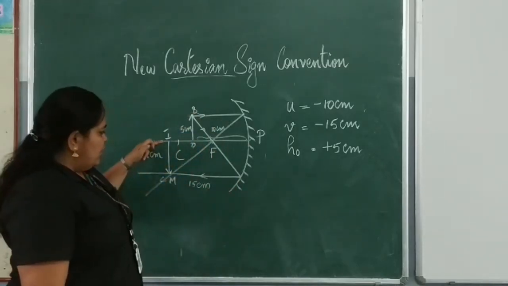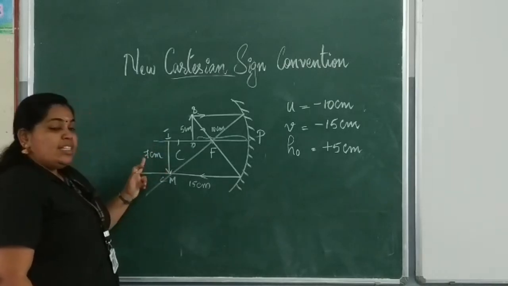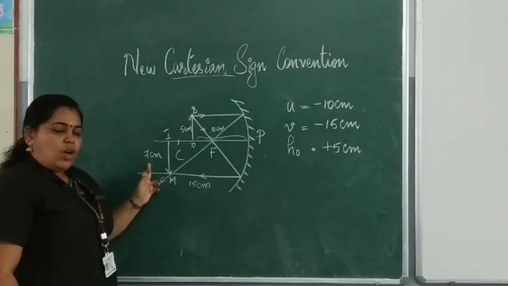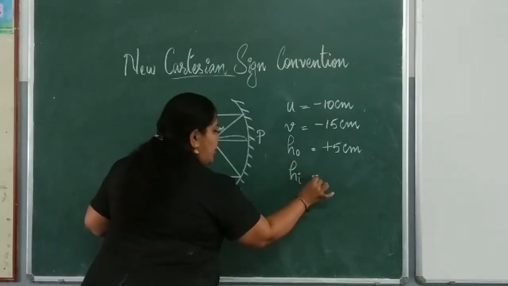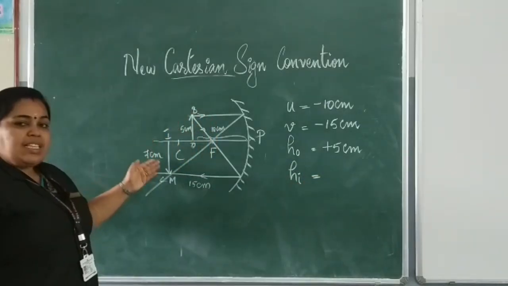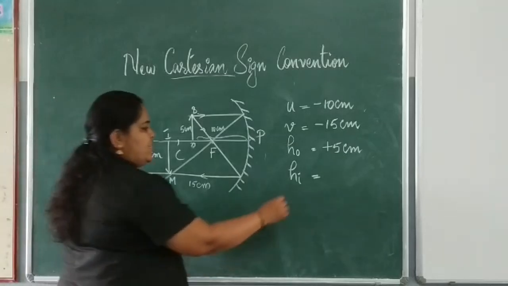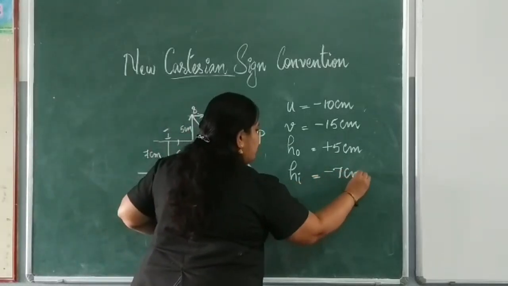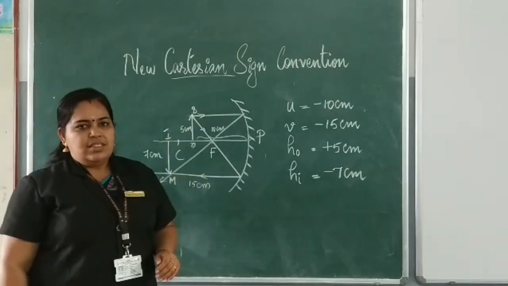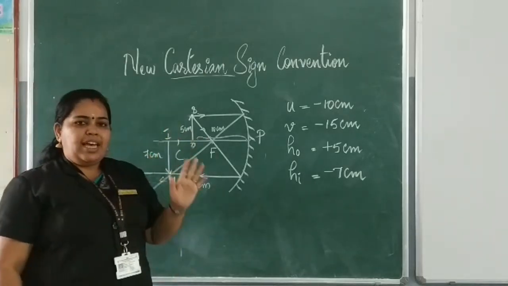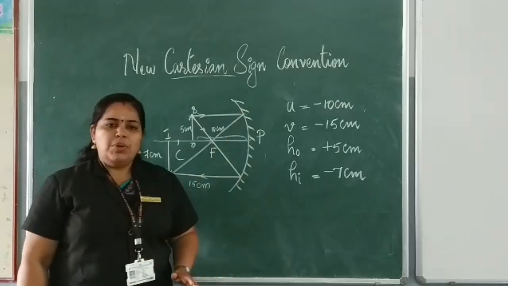And here the height of the image is given 7 centimeter. So how will we write that? Height of the image, hi, will it be plus 7 or minus 7? It is minus 7 centimeter because it is below the principal axis. So always be careful while doing the problems related to it.